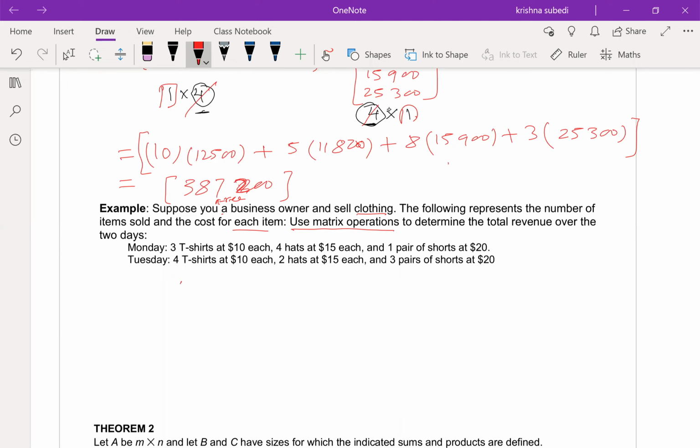Okay, there are two things given. One is the unit price of each item, and then we are given the quantity sold for each item on Monday.